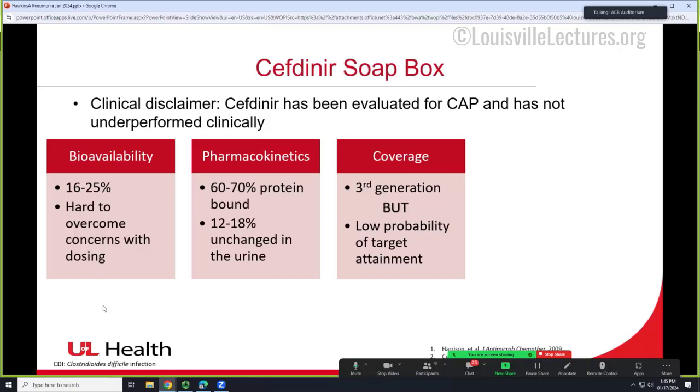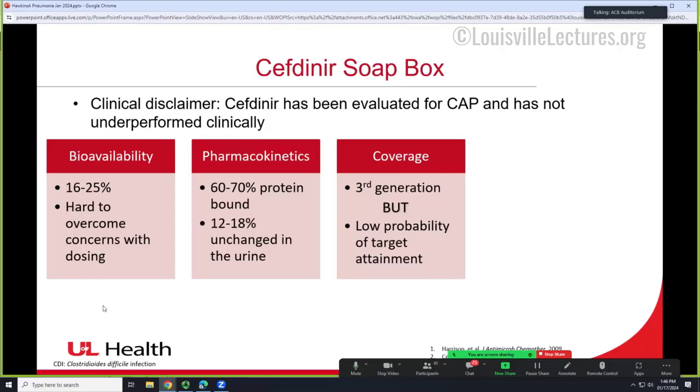And so we like to think of it as, it's a third generation. It's a great step down to ceftriaxone, right? We go ceftriaxone, Ceftonir, same coverage. But they actually evaluated this in 2009 specifically for community-acquired pneumonia. They looked at the likelihood of target attainment, which means the likelihood that you're going to get high enough concentrations at the site of infection to actually treat that infection for strep pneumo and Haemophilus influenza.